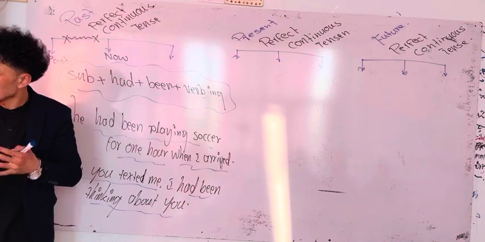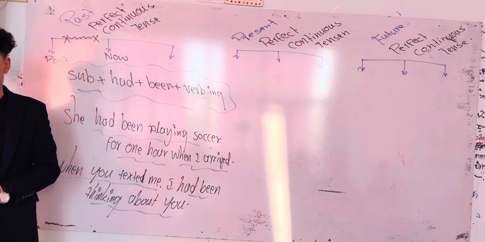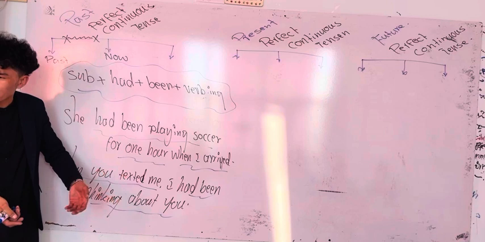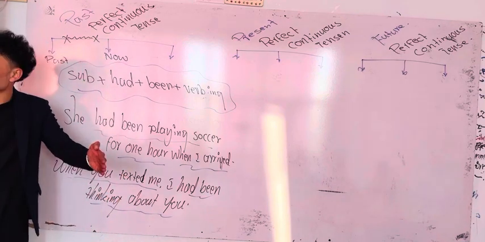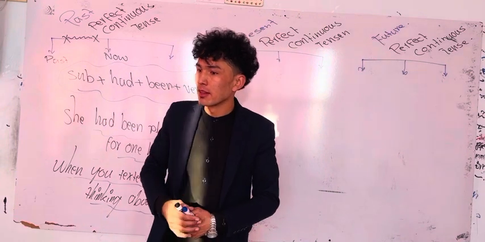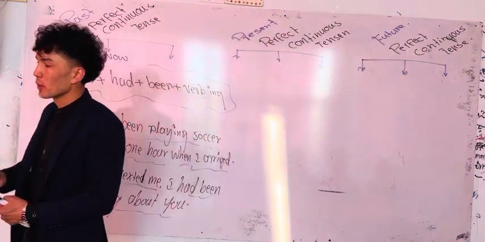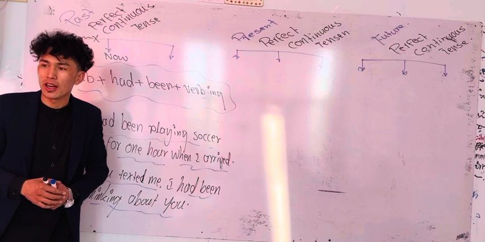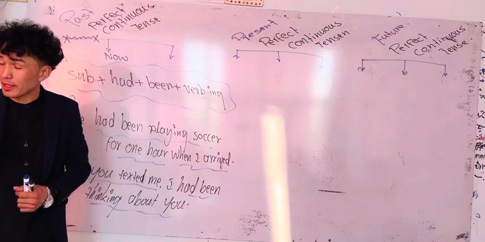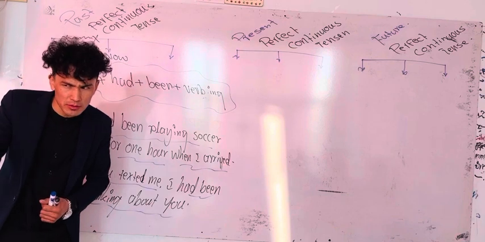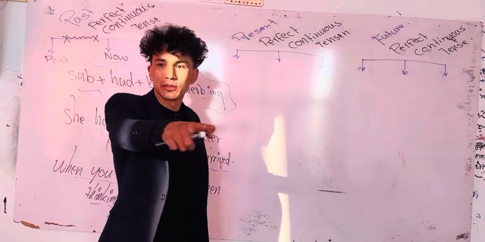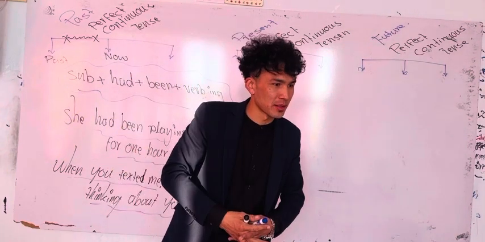For 1 hour, 30 minutes, 90 minutes, or something. Okay, it is important when you want to specify the time, the period of action. Very good. When you arrived at the class, I had been writing my homework. No, for homework, actually the word do is used. I had been doing my homework, right, for a period of time.